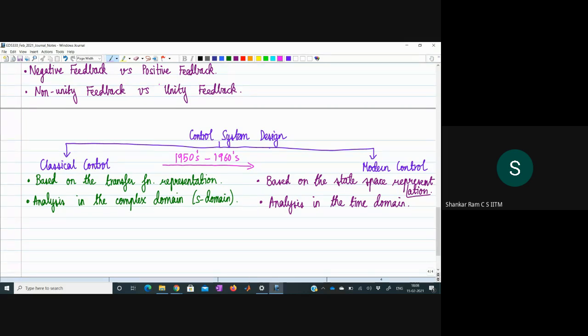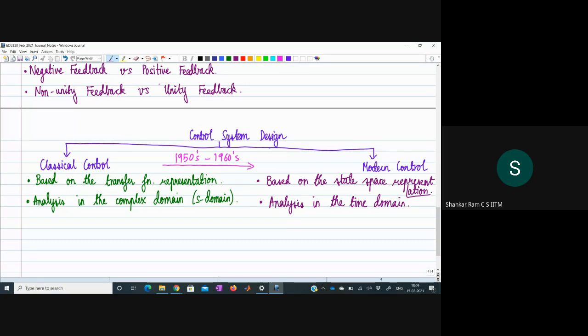Digital electronics and so on came into play around the 1950s and 60s, and with that it also revolutionized the way controllers were implemented. Previously, control systems were implemented using analog devices, analog circuits, and so consequently, even the design methods were based on using the transfer function representation and doing the analysis in the complex domain.